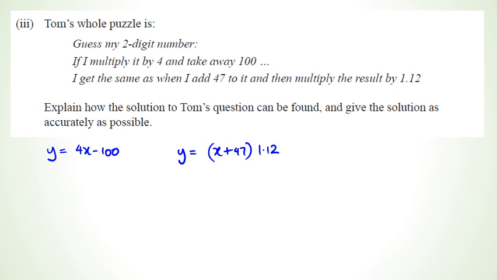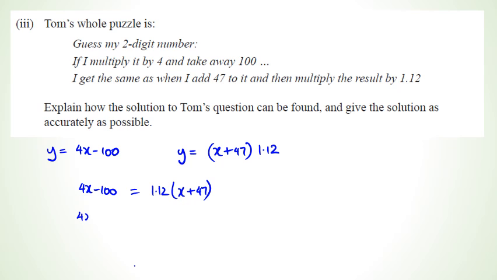Now, you could potentially draw this second graph on that other graph and actually find out what the intersection is. But what you could also do is solve it simultaneously. So you could have just done 4x minus 100 equals 1.12 times x plus 47.